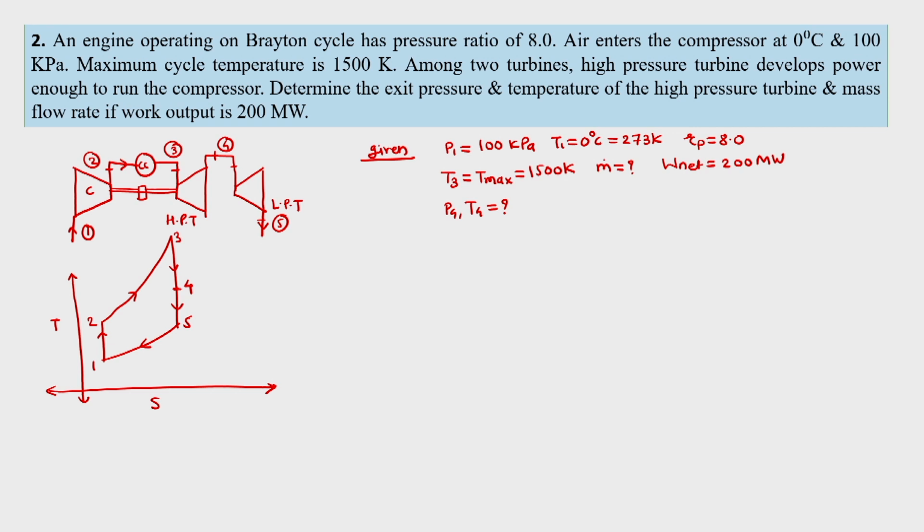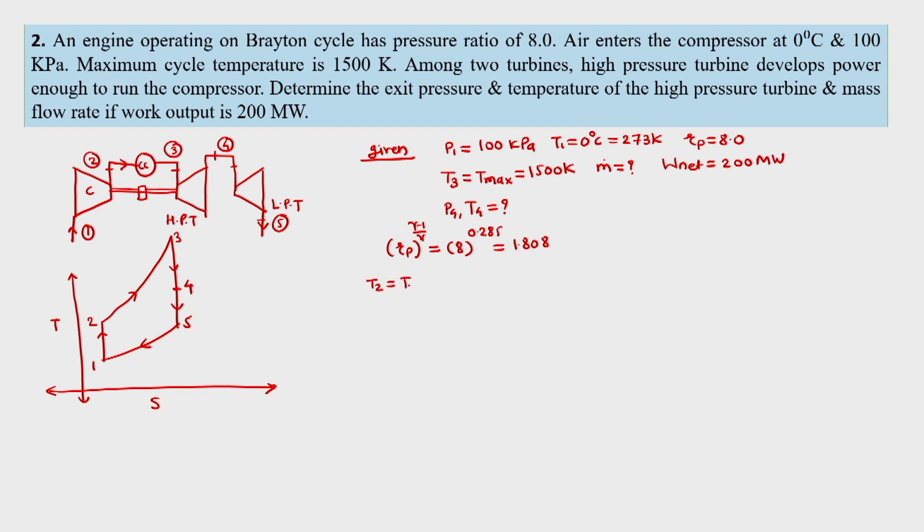So let us evaluate. Before that, we'll need to find out one number which is always encountered in this example. So we'll separately find out Rp raised to (gamma minus 1) upon gamma. So it is 8 raised to 0.2857, and it turns out to be 1.808. So let's find out T2 first.